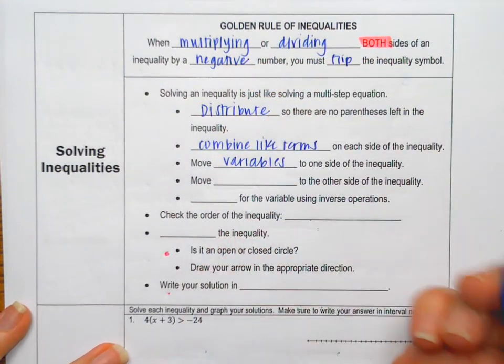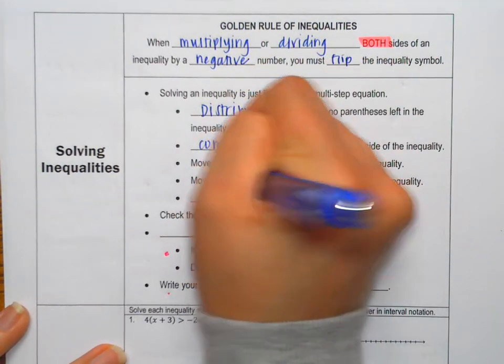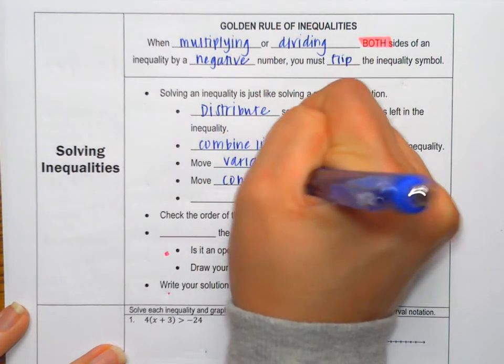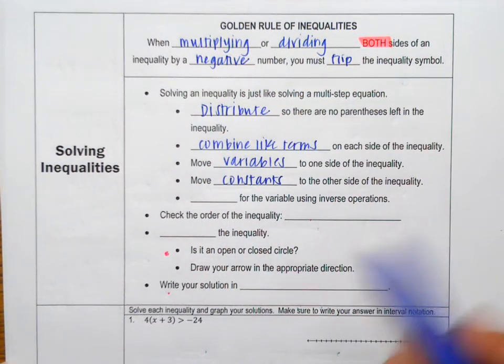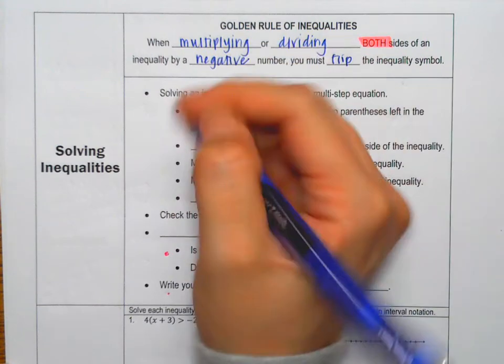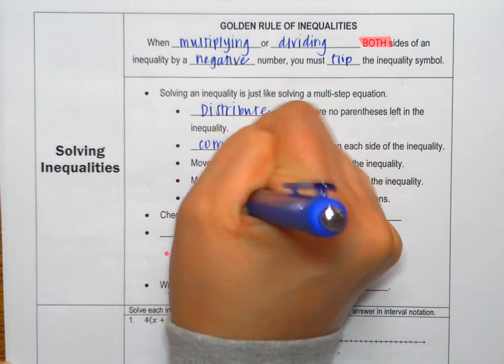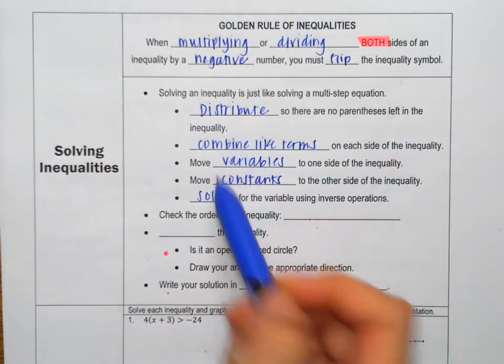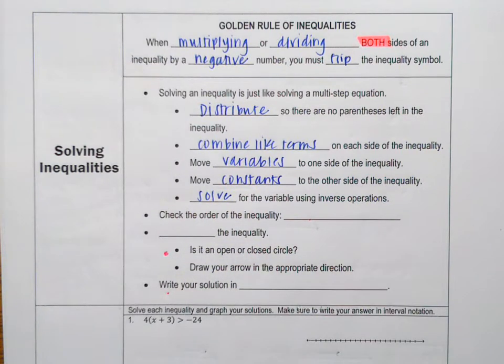Then we move the constants to the other side. Then we solve for the variable using inverse operations. I just pulled all of these from the same exact setup as our notes in multi-step equations. So it's the same steps as we did in solving multi-step equations.